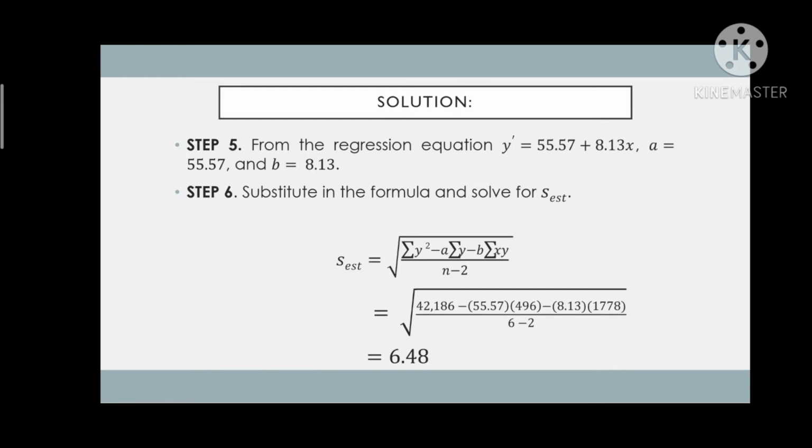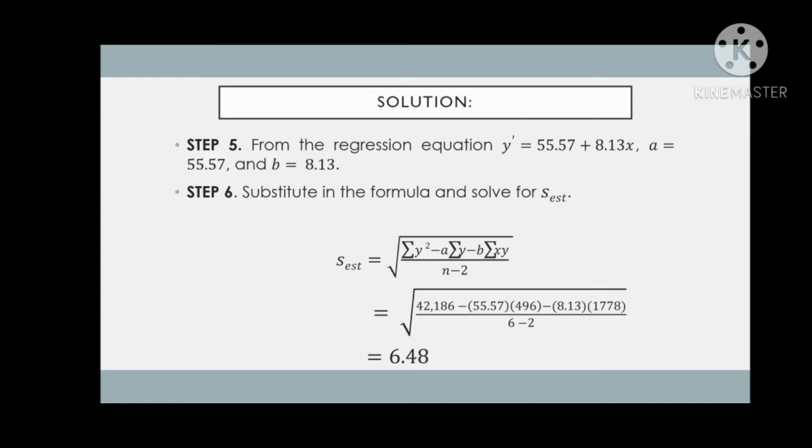Step 5, from the regression equation, y prime is equal to 55.57 plus 8.13x. A is equal to 55.57 yung y intercept and B is equal to 8.13 yung slope natin.